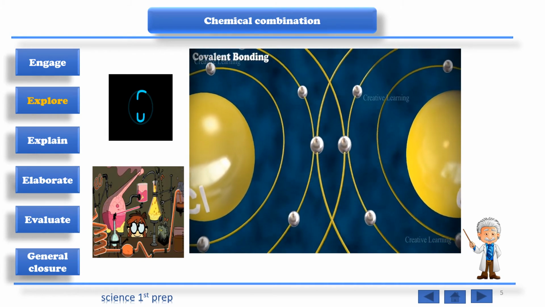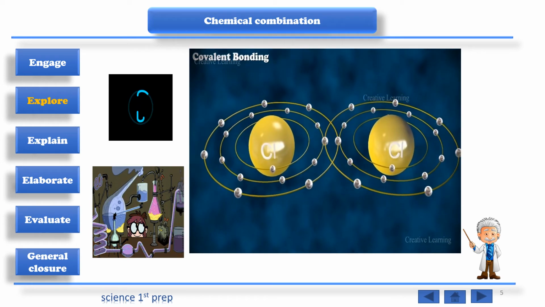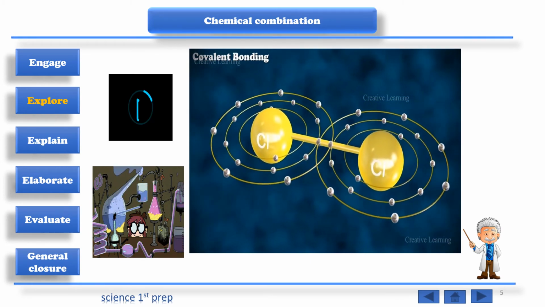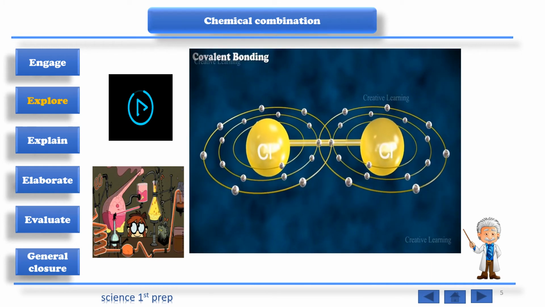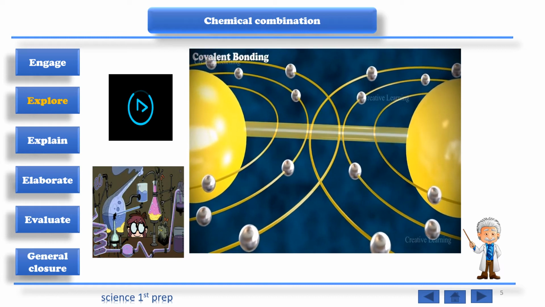In the process, both chlorine atoms attain the outer shell octet of the nearest noble gas, that is argon. The dots represent electrons. Such structures are referred to as Lewis dot structures.